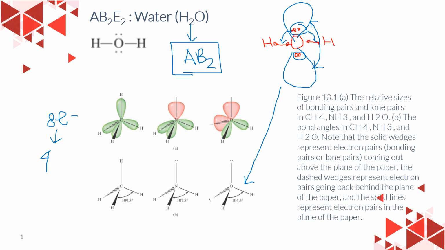The basic molecular geometry for AB4, represented by CH4, has no lone pair, so methane results in a tetrahedral geometry.